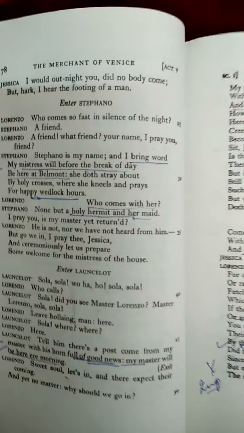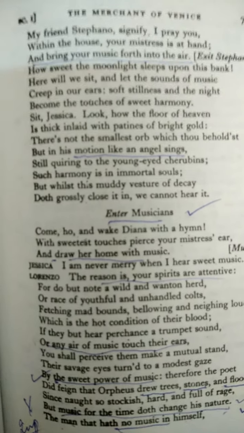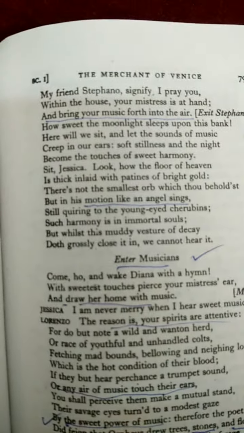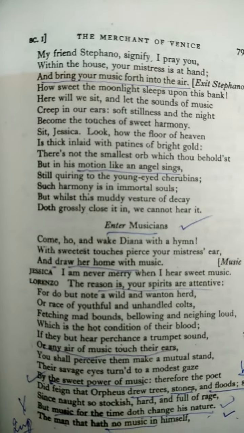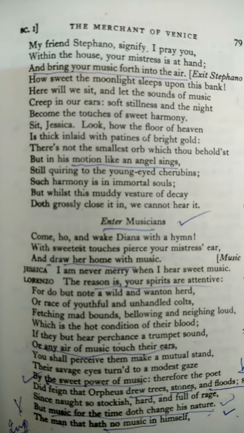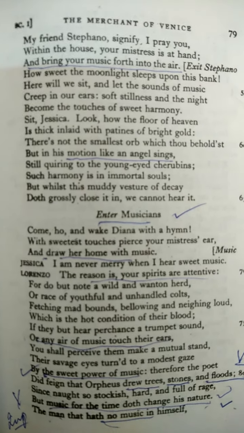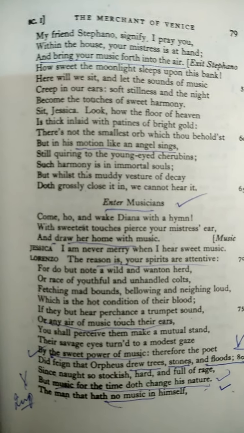And then the third important point is the importance of music. In Shakespearean romantic comedy, we have the significance of music. Why is it so? Because it implies tuning, rhythm and melody, which is really an integral part of human life.